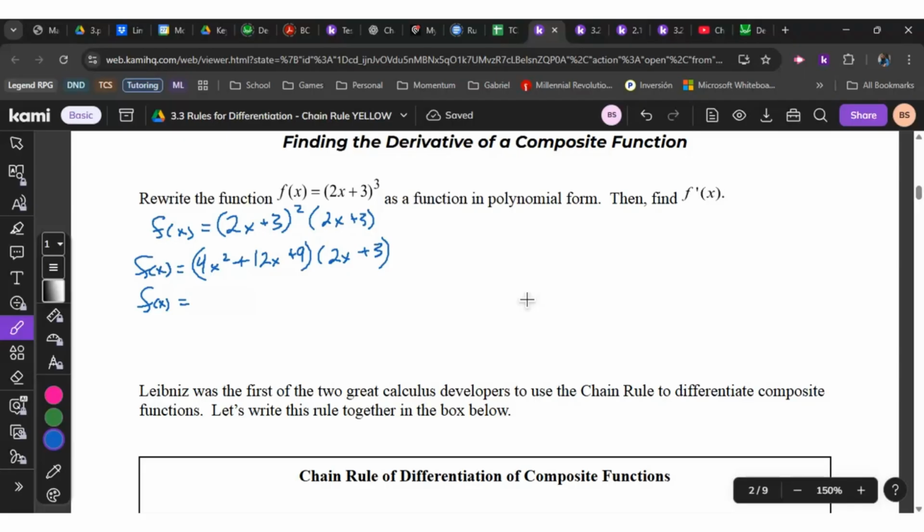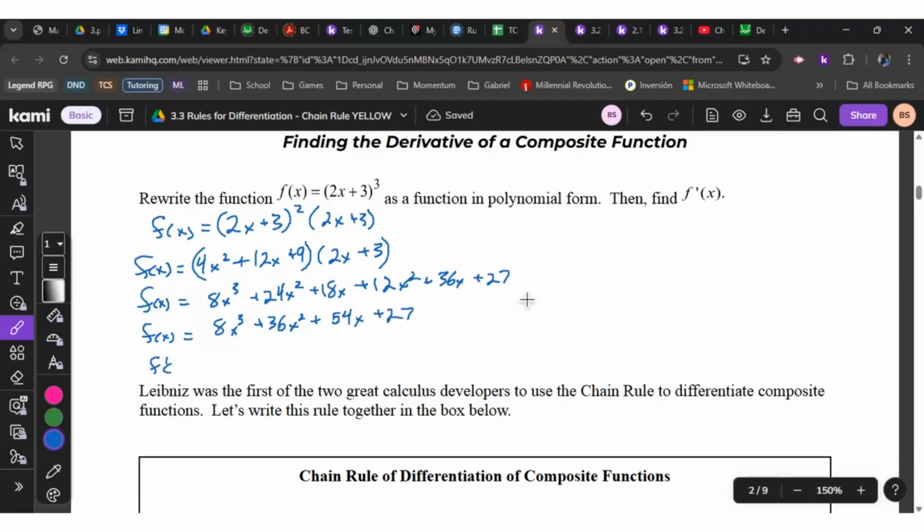Now we're going to multiply 2x through everything, so that's going to give me 8x cubed plus 24x squared plus 18x. Then we multiply 3 through: 12x squared plus 36x plus 27. Collect like terms: 8x cubed plus 36x squared plus how many x's? 54x plus 27.